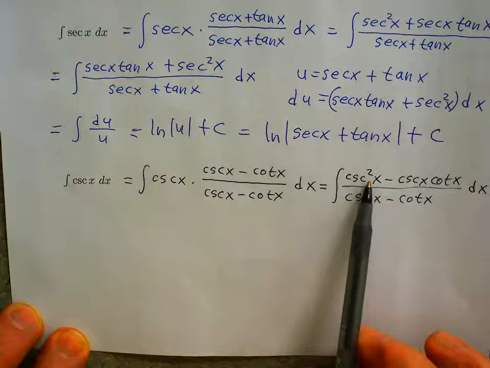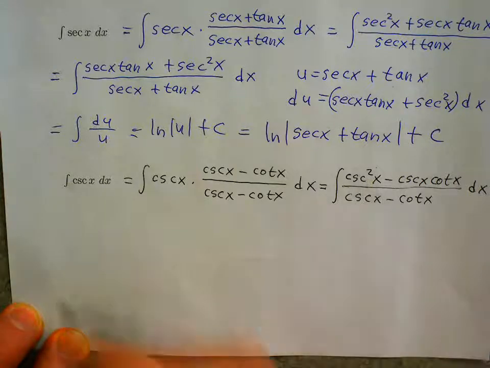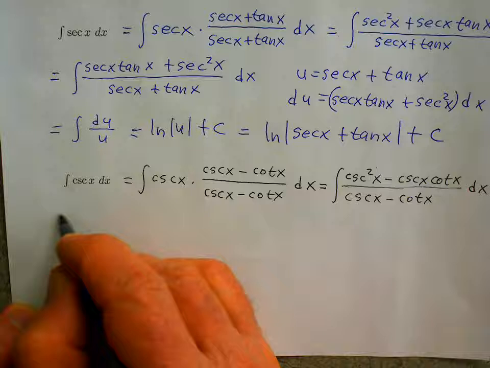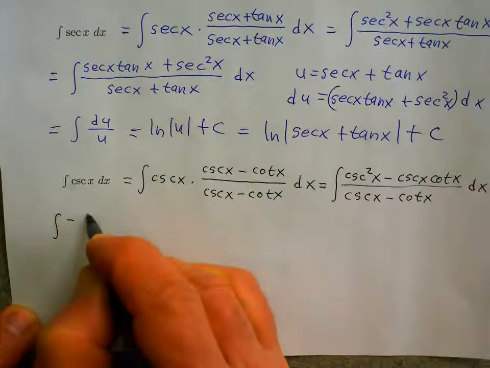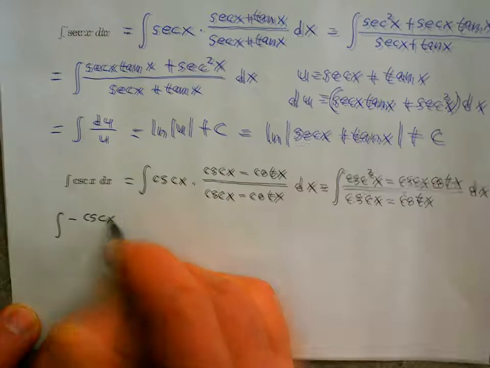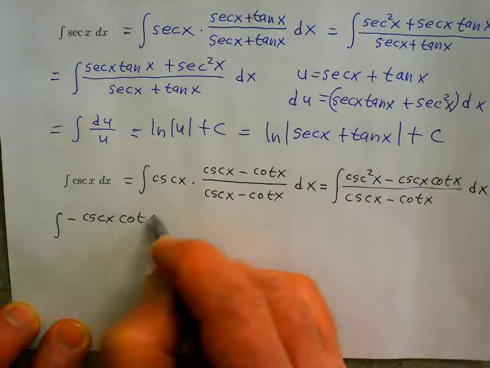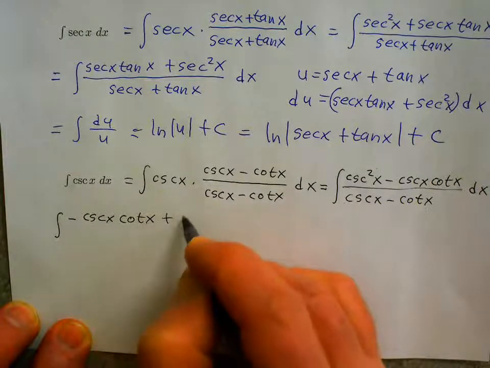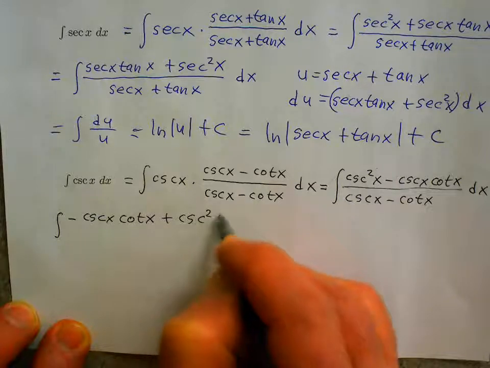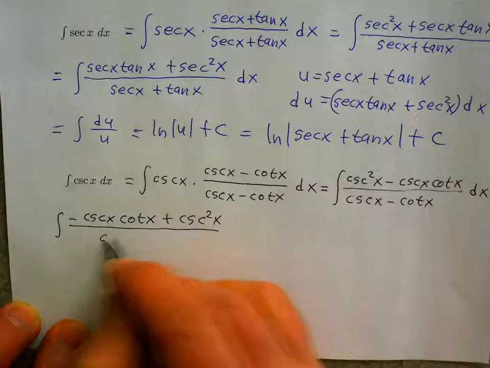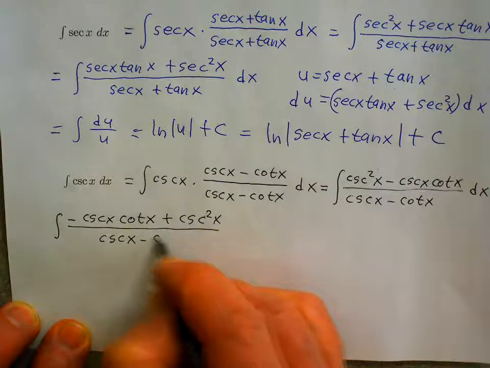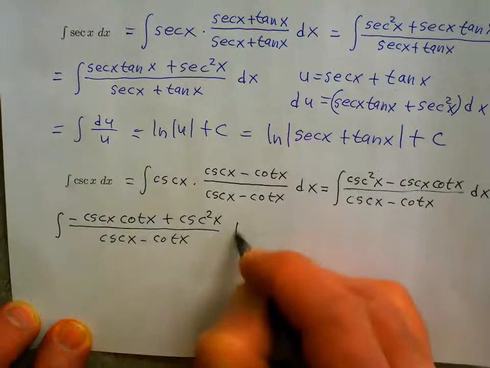It's not necessary, but I'm going to rearrange the terms in the numerator and write it as negative cosecant of x times cotangent of x plus cosecant of x squared, divided by cosecant of x minus cotangent of x dx.